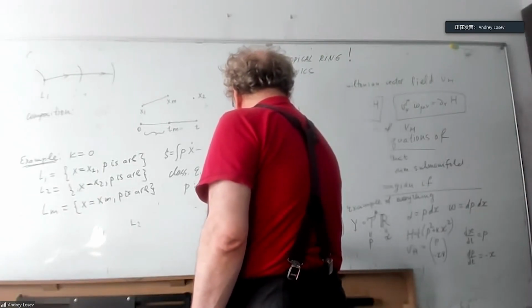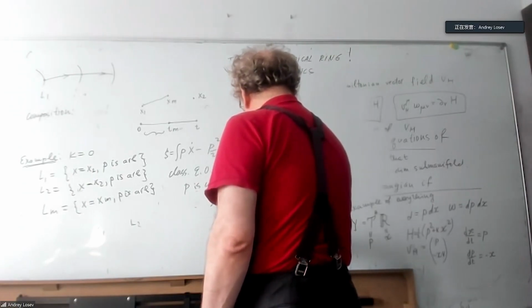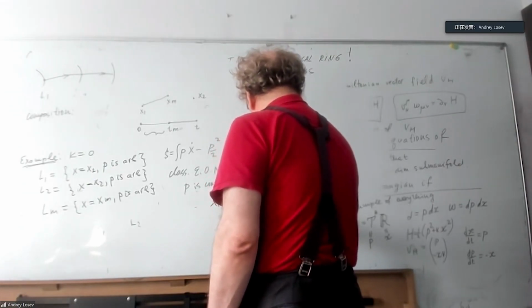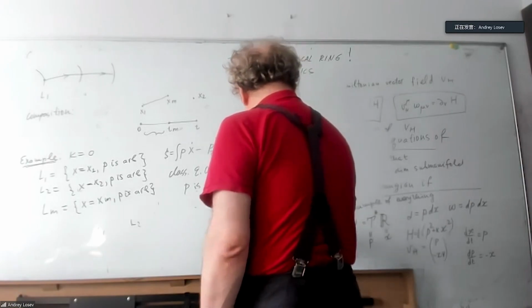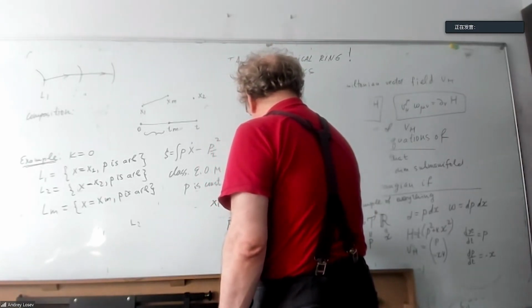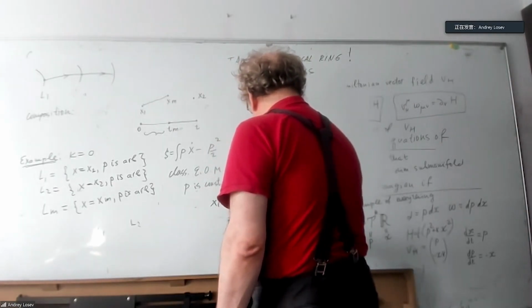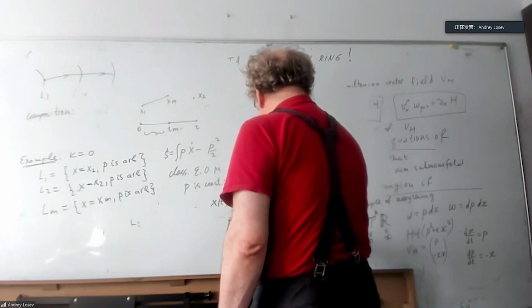So p is m, so it's tm. P is m, xm minus x1 divided by tm.